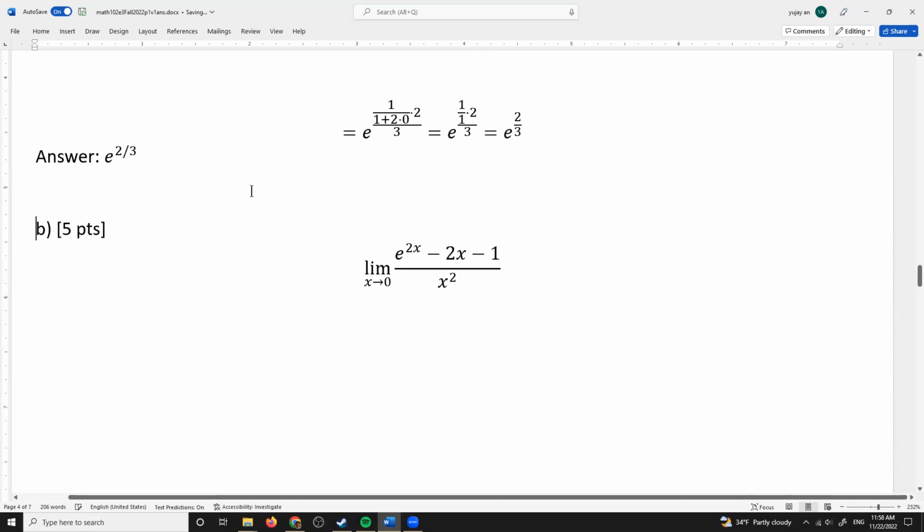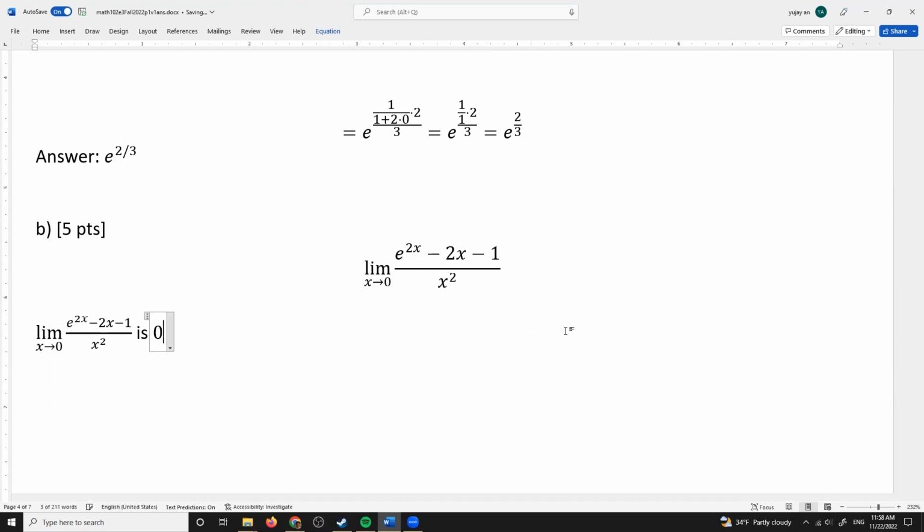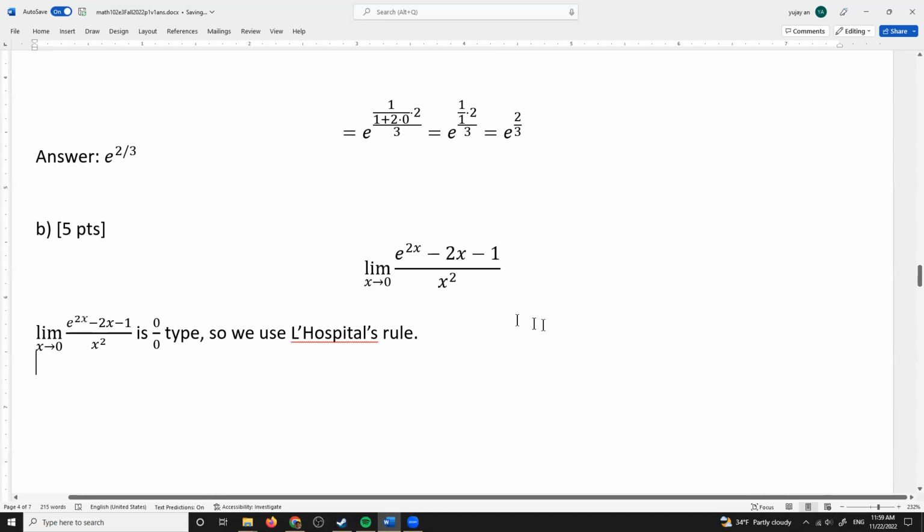This next one is 0 over 0 type. So we use L'Hopital's again. And therefore we get, differentiate e to 2x.